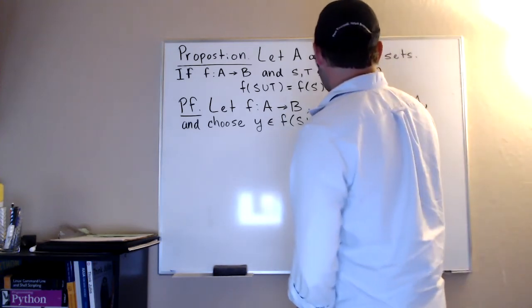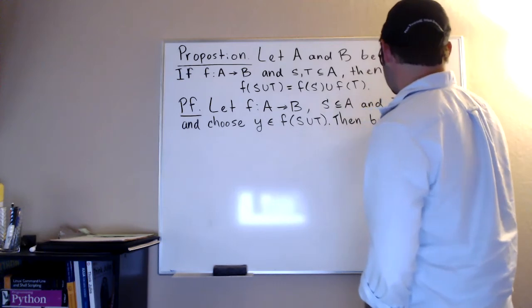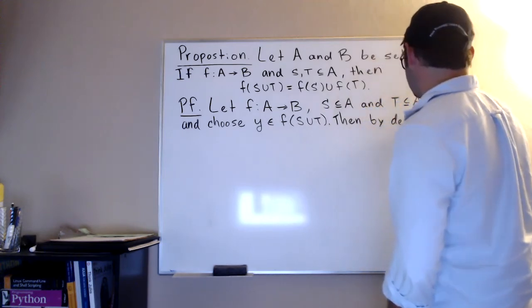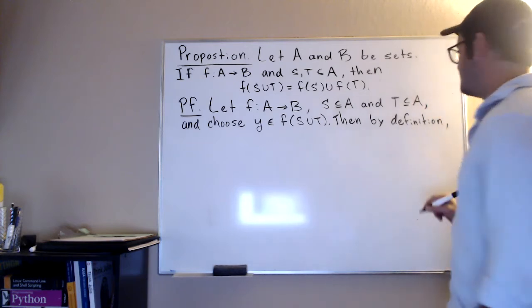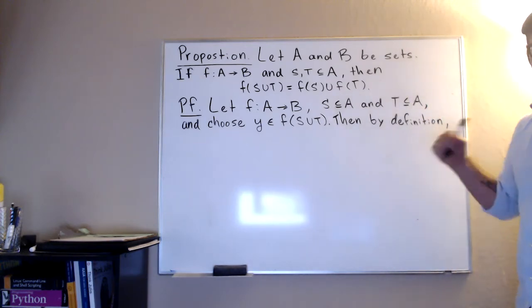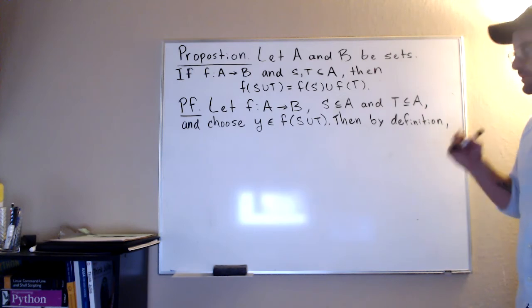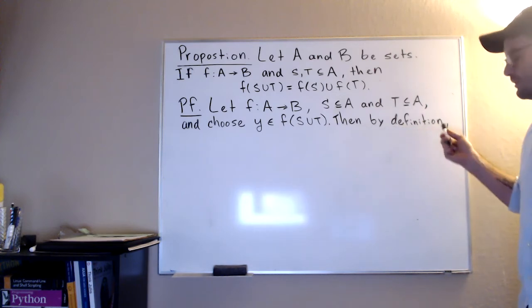So then by definition, notice I'm starting to write definition all the way out. That's because this is the proofs course, not my other discrete course. And your professor is most likely going to want you to write that out when you're writing the proofs.